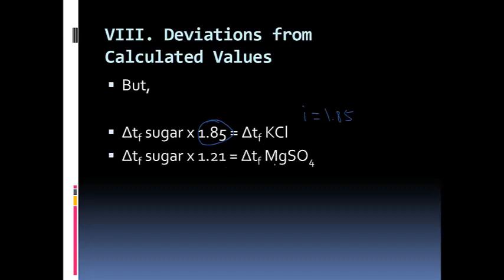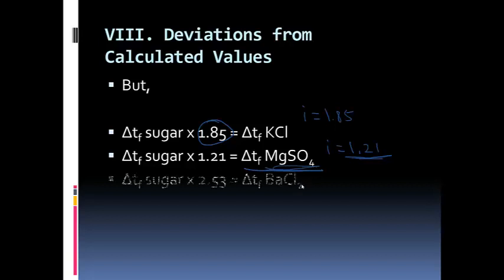For the MgSO4, it should be the same I value, but the real I value comes out to be only 1.21. So we don't get 2 moles, we only get 1.21 moles for every 1 mole of MgSO4. And for BaCl2, we thought it should be 3, but I only comes out to be 2.53.